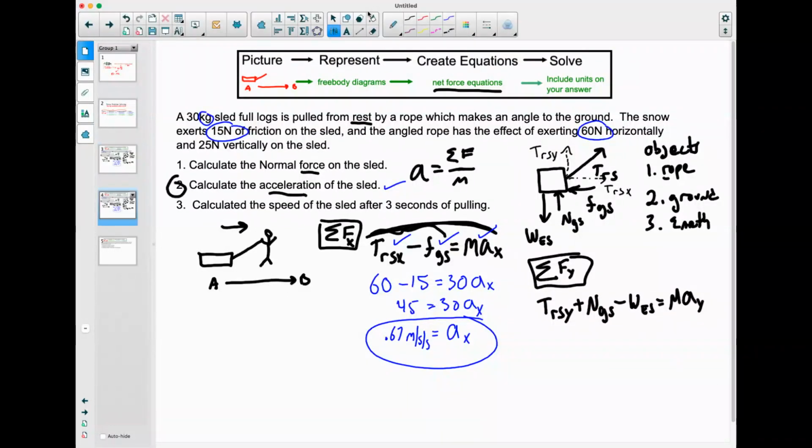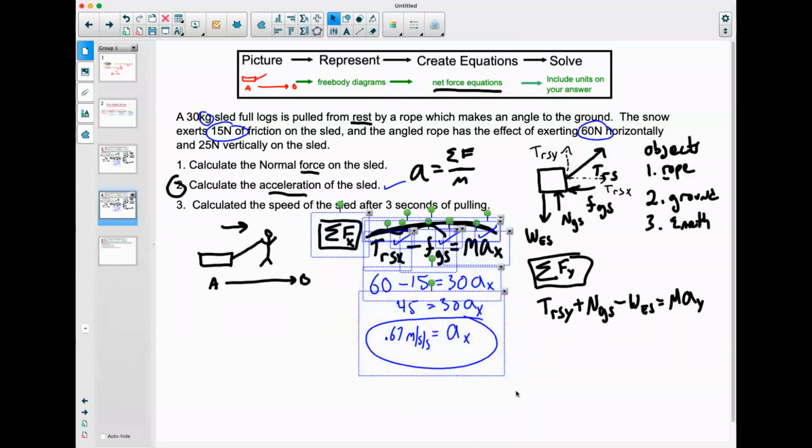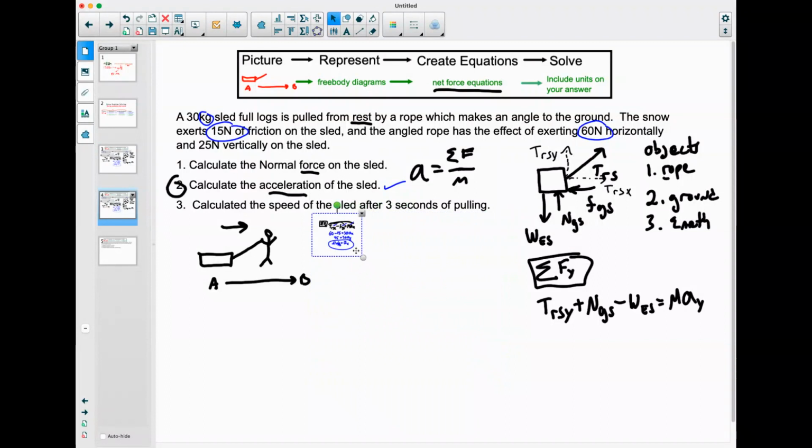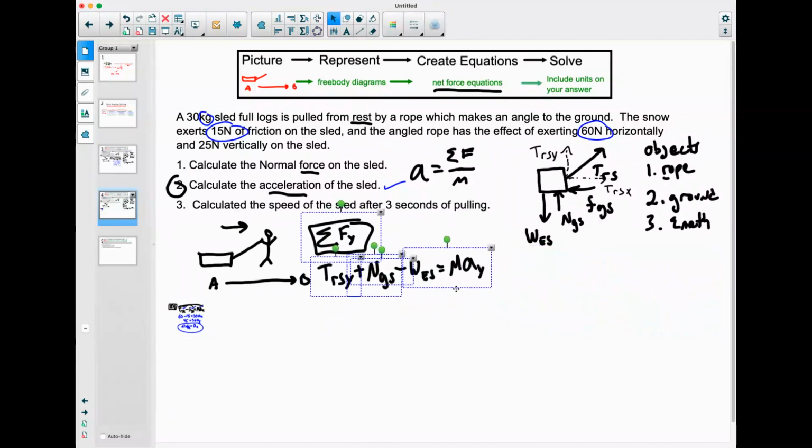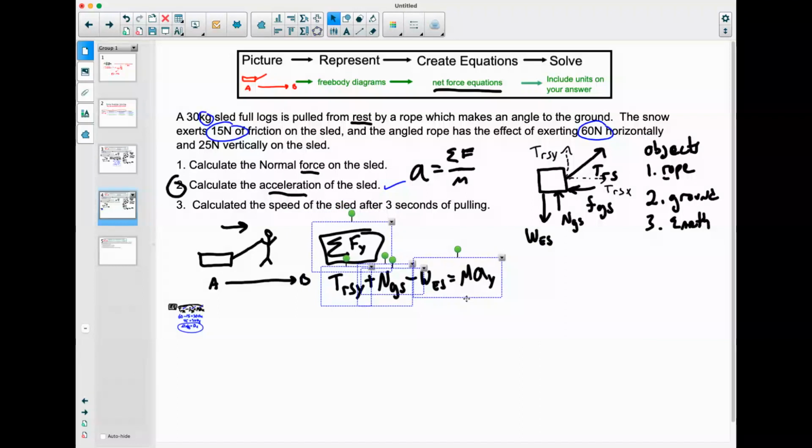All right, so now what I'm going to do is clean things up a little bit. I'm going to take all of this and shrink it down. If we need it again, we can always take a look at it, put it over there. And then I'm going to take this, which is of concern to us now, and we're going to use this to solve for the normal force.